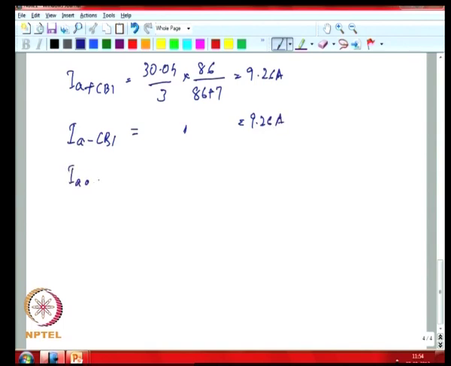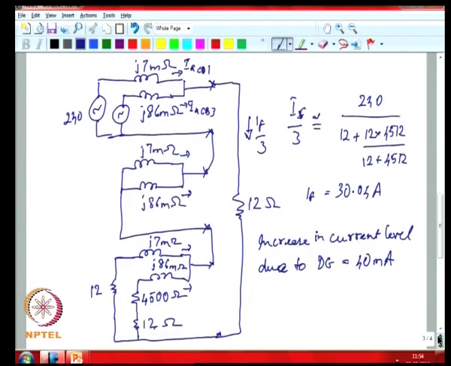IA 0 sequence through CB1 would be, so in case of the split over here, again 12 ohms and 4512 ohms is much larger than the 7 and 86.